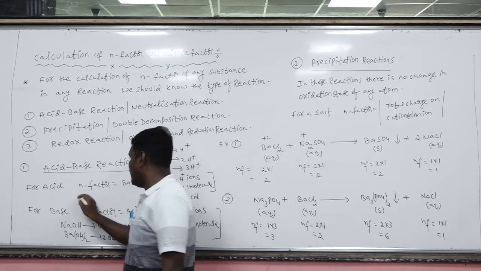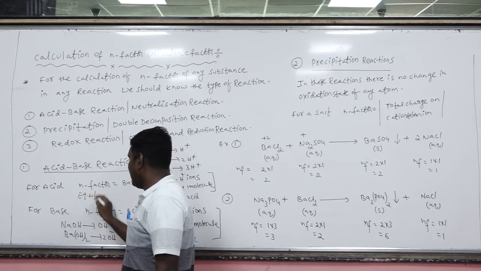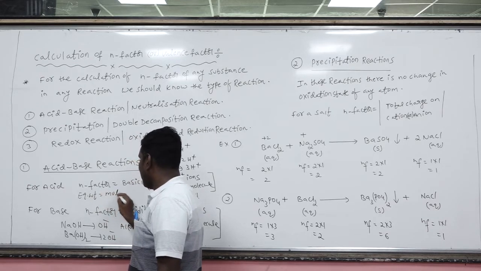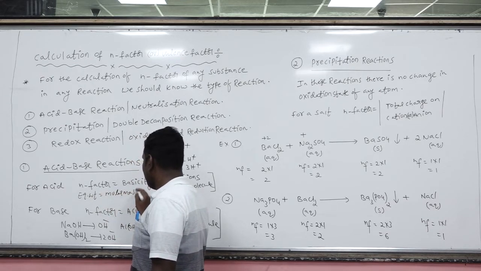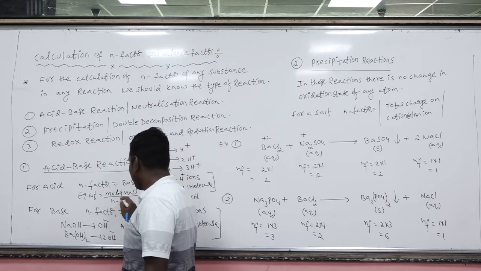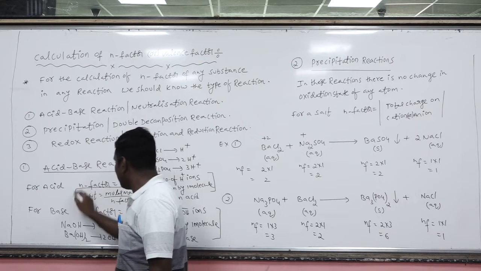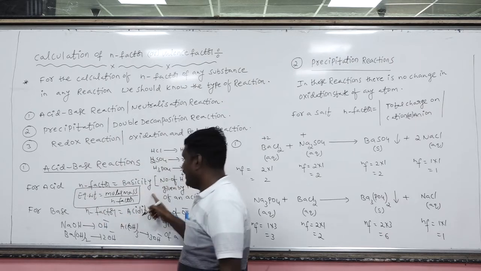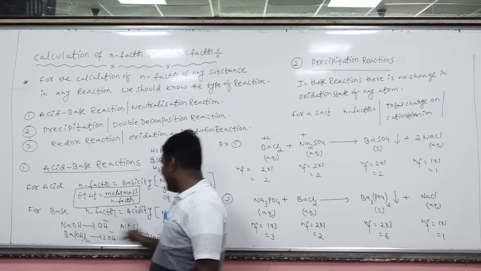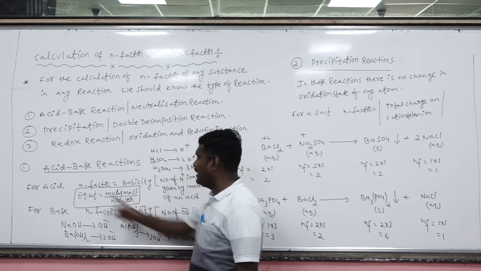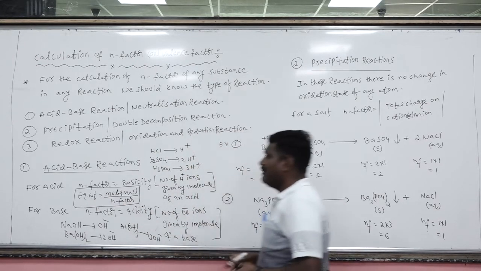Equivalent weight is equal to what? Molar mass, that is the molecular weight, divided by N factor. N factor corresponding to an acid is basicity. N factor corresponding to a base is acidity. Once we know the N factor, it is very easy to calculate the equivalent mass.